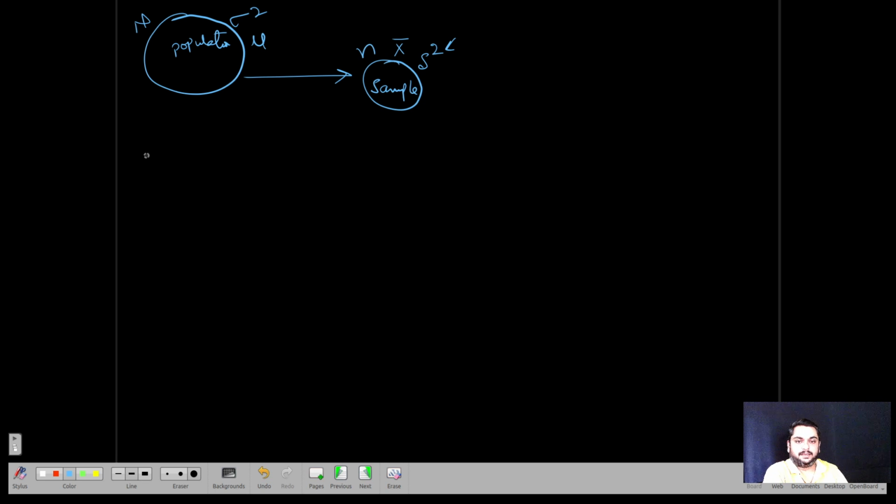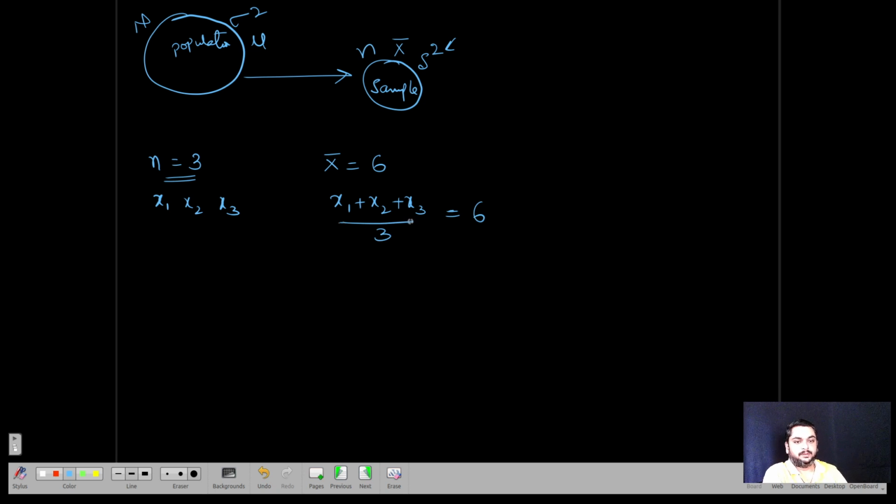Let us take n equal to 3, a simple example. Say I want x bar, the sample mean, as 6. How many variables are there? x1, x2, x3: three data points, since n is 3. Now x1 plus x2 plus x3, divided by 3, is equal to 6.